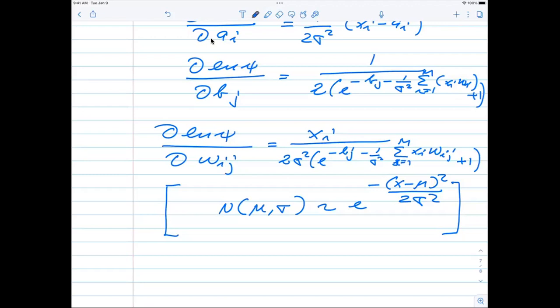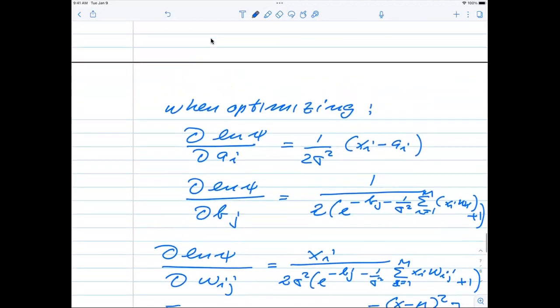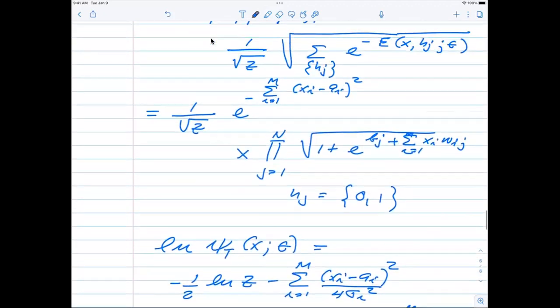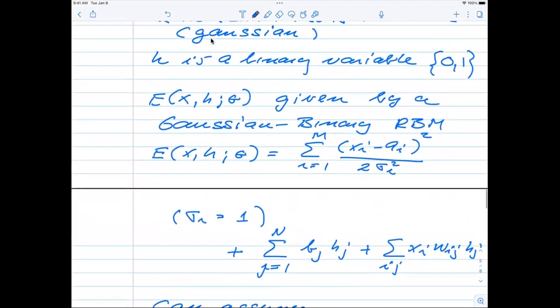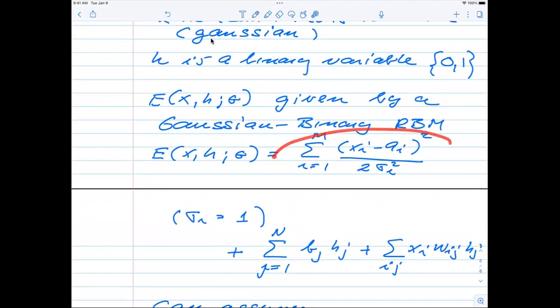But clearly, this is something you could look at when you have different harmonic oscillator traps. So the Gaussian binary which we have chosen here, this ansatz for the energy, has an element of the wave function which we know from the harmonic oscillator.